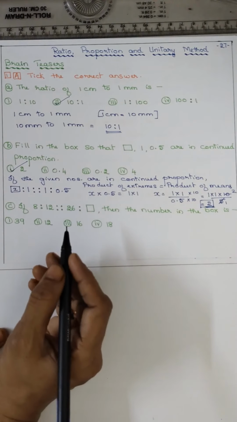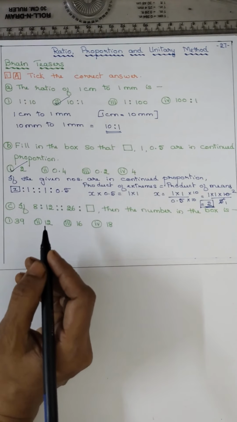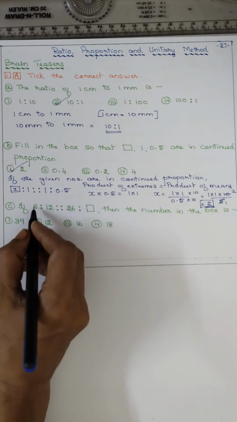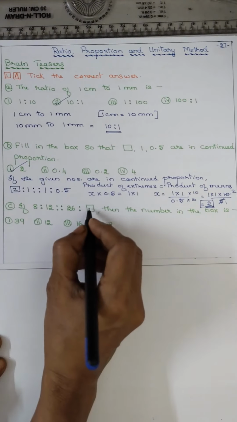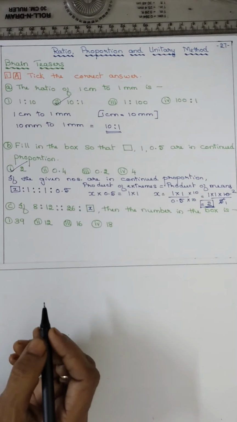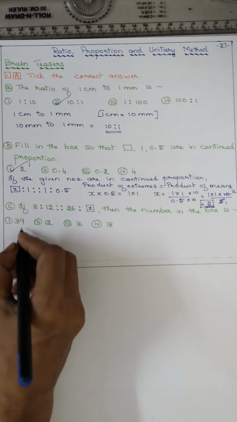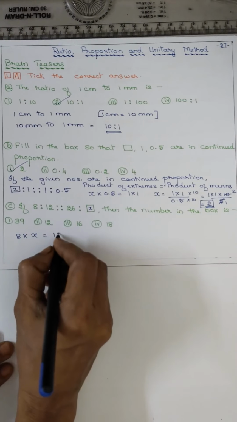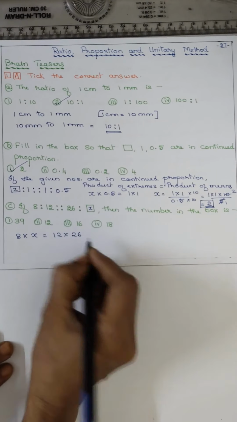So it is the extremes, product of extremes is equal to the product of the means. So extremes first and the last, put that box x, 8 into x is equal to 12 into 26.